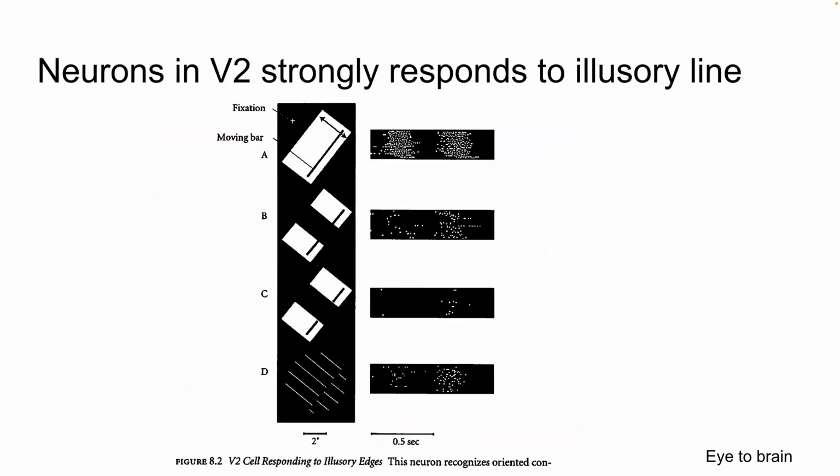One example of the complexity is that V2 starts to respond to the illusory line, not the actual line. So V1 neurons would respond to this kind of real line. But V2 starts to respond to something like this, if the start and end are implied, but not to this, because here there's some kind of gap.